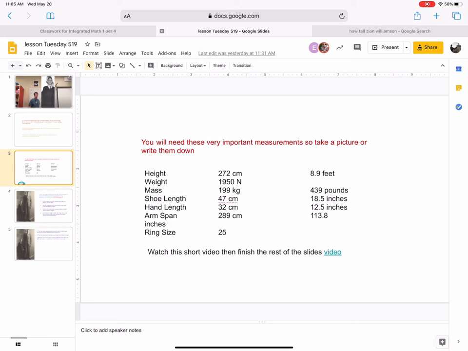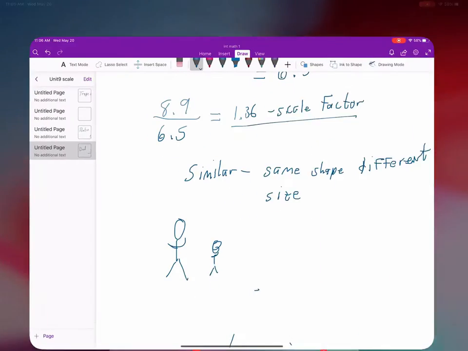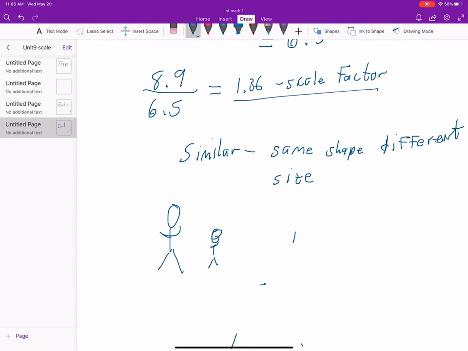This was in centimeters. Let's see, 113.8 inches. It can't be feet, obviously. So we got Robert at 113.8 inches. That's his arm span, which is pretty much the same.